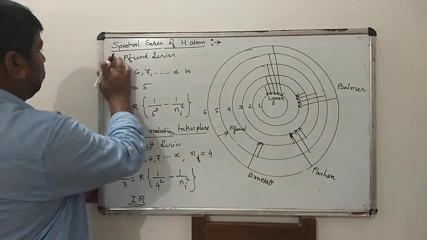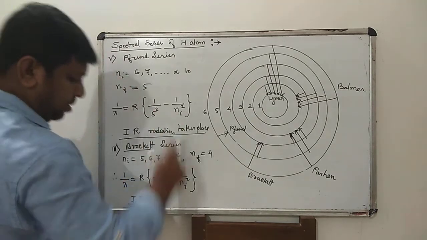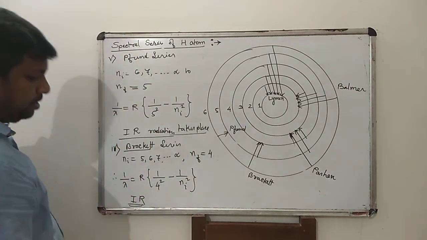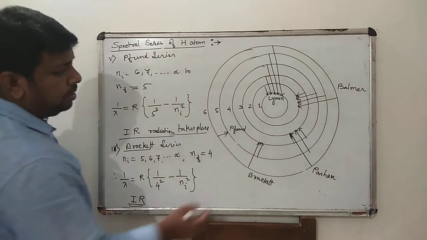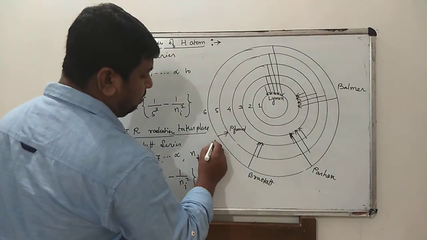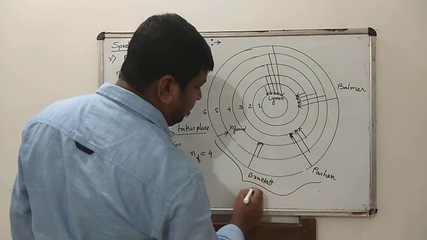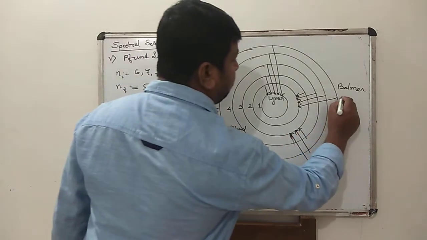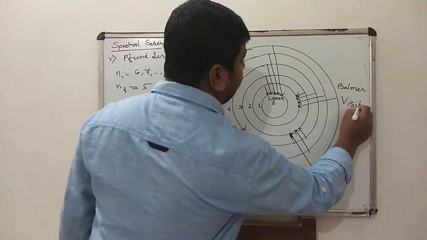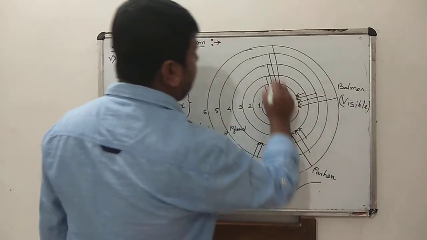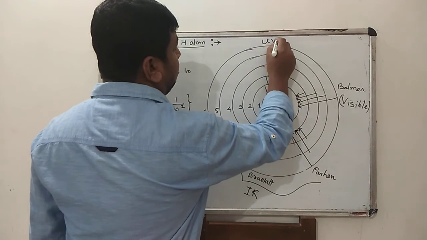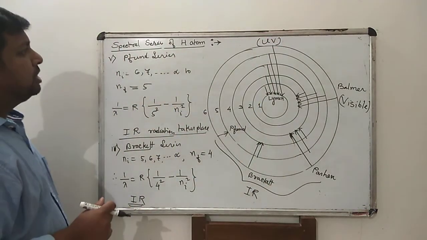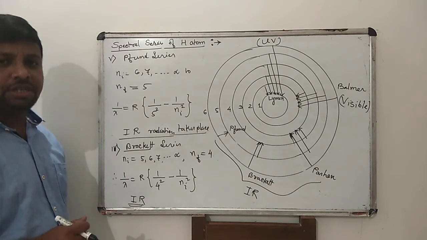Okay, so here also infrared radiation takes place in Pfund. That means in Paschen, Brackett and Pfund we get infrared radiation, and in the Balmer series we get visible, and in the Lyman series we get ultraviolet radiation. Okay, so this is the spectral series of the hydrogen atom.